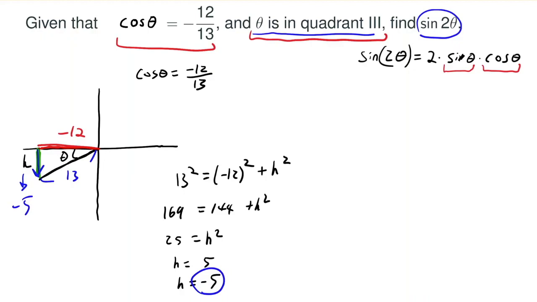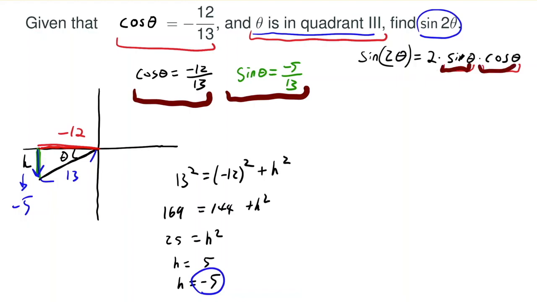Okay. So now that we know the length, we can also find sine theta here, which is negative 5 over 13. So now we know both of these. We can use both of these and plug them right here to find sine 2 theta. So then let's continue here.